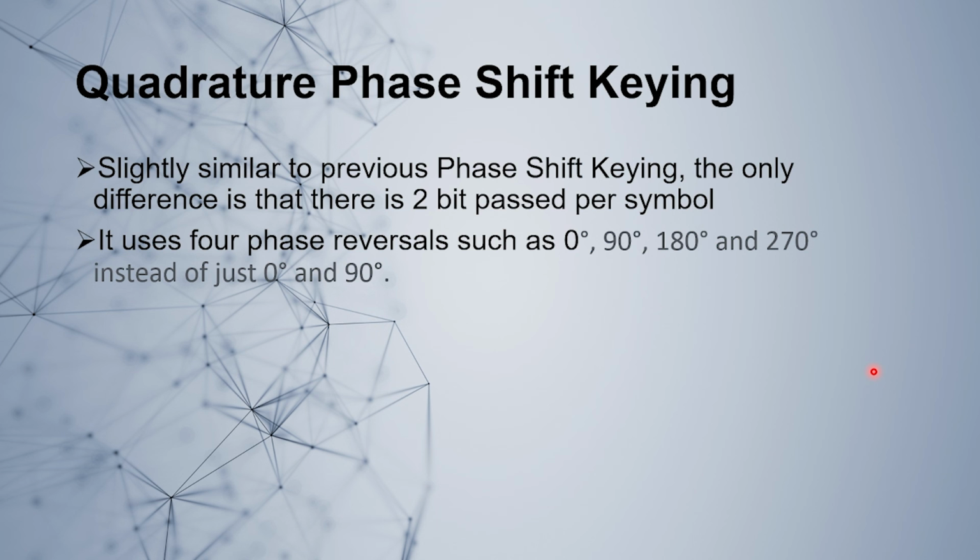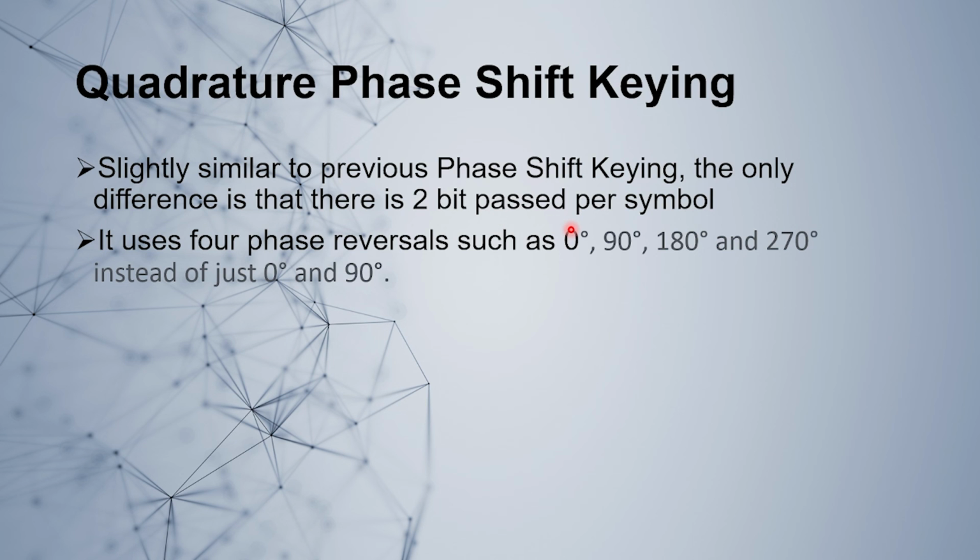So what is a symbol? A symbol is our representation of our waveform in how many bits we send. For our previous example, we would send 1 bit per symbol, or 1 bit per waveform, you can say. But in this QPSK, we would pass on 2 bits per symbol.